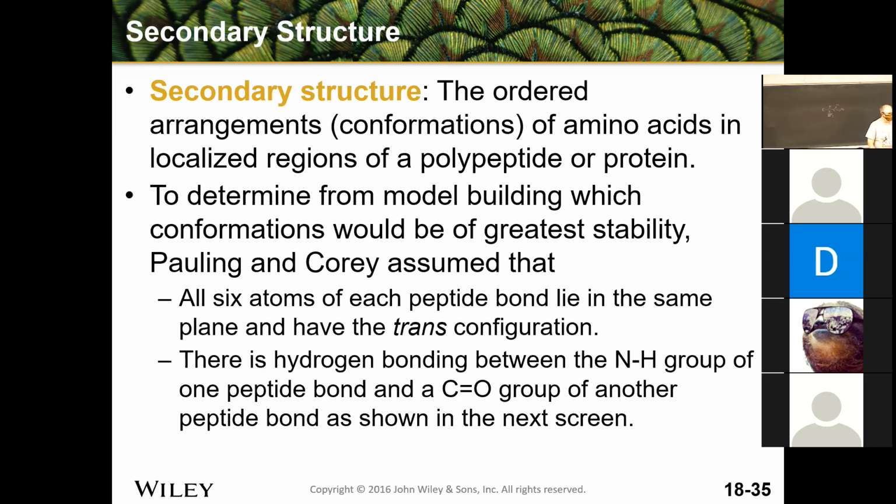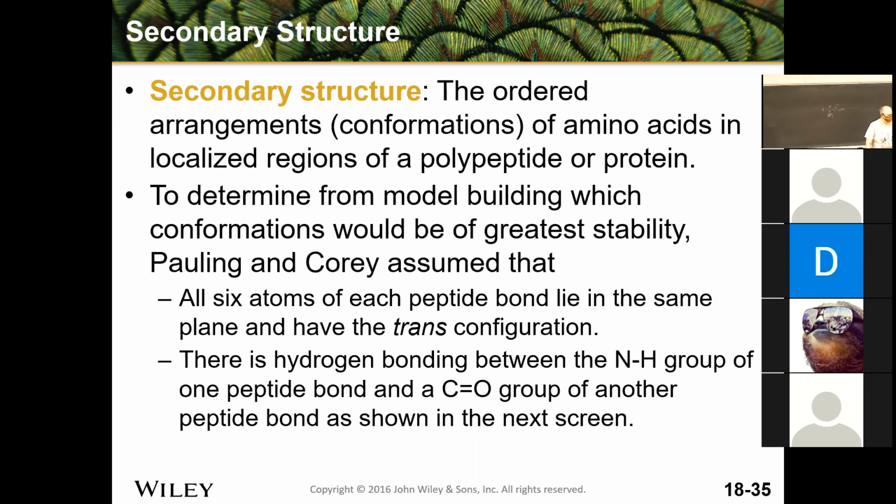Many proteins will also have secondary structure, and this consists of the ordered arrangements or conformations of amino acids in localized regions of a polypeptide or protein.